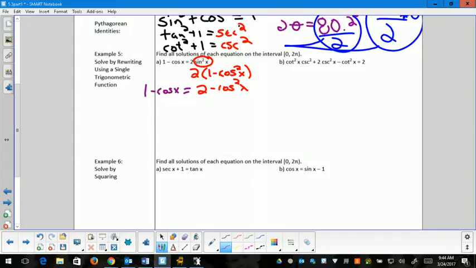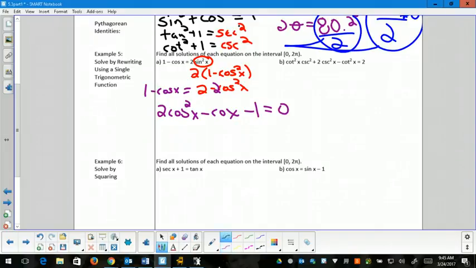You didn't mark the 2 cos? Yeah, I didn't distribute the 2. So now I'm going to move those to the other side, add the 2 cosine squared. We have a minus cosine, subtract the 2, 1 minus 2. Sine squared became 1 minus cosine squared, so we're using the identity to get it in terms of one trig function.